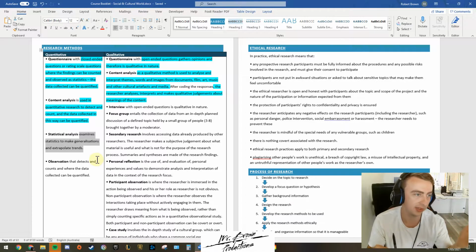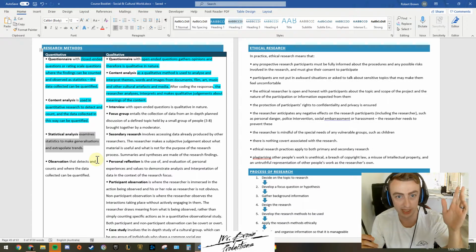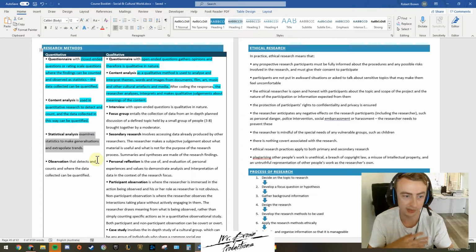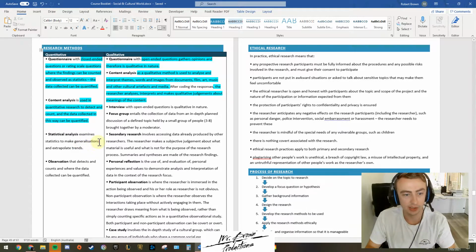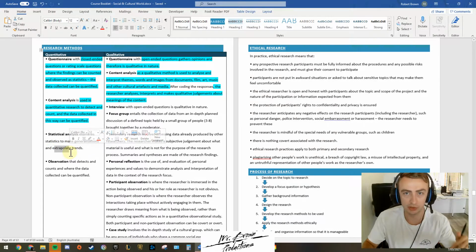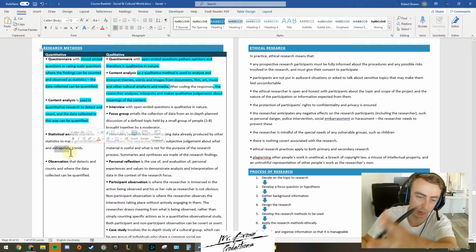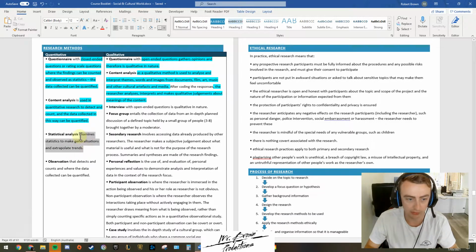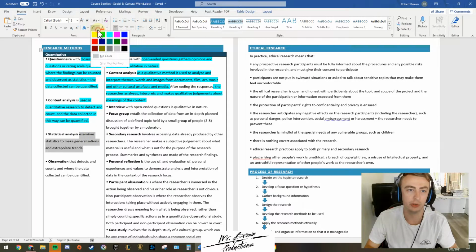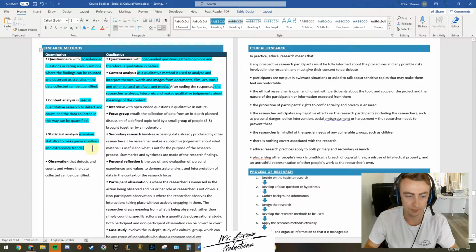So you might say 50% of people aged 10 to 11 experience such and such, and so you can make generalizations based on those statistics and extrapolate those trends. Remember, extrapolating is taking it from one place and putting it in another. So that one's pretty straightforward. You could probably just get the whole thing on the back of the card.